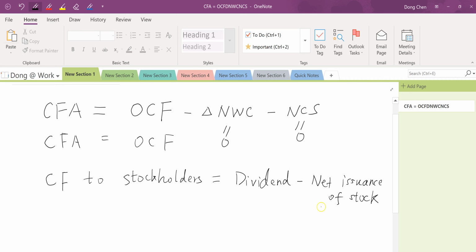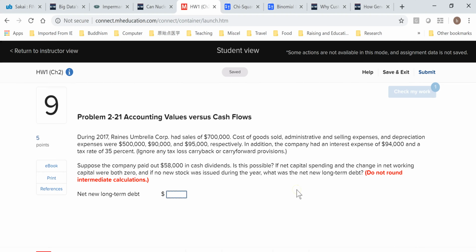And if the firm purchases the existing stock, it's just the other way around. Net here means it's the new issuance of stock minus the purchase of the existing stock. So that's the net.